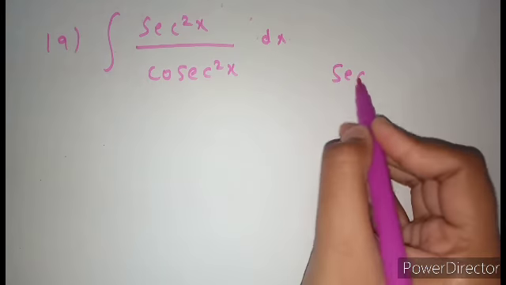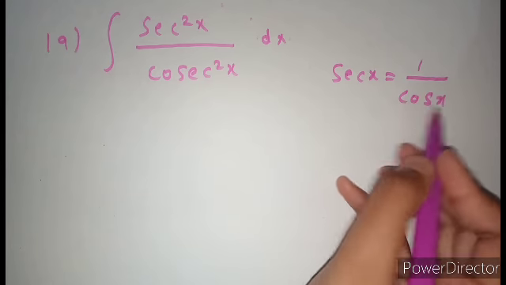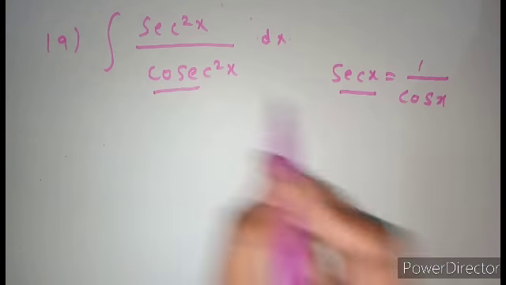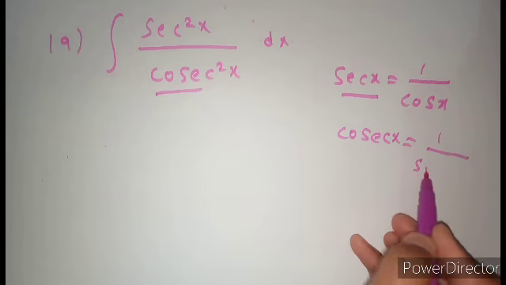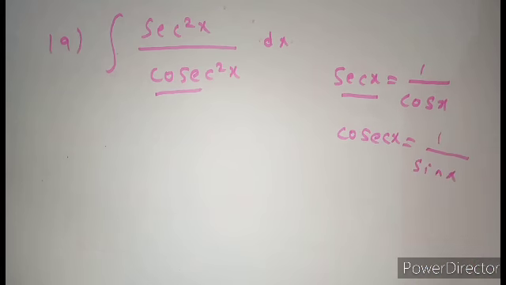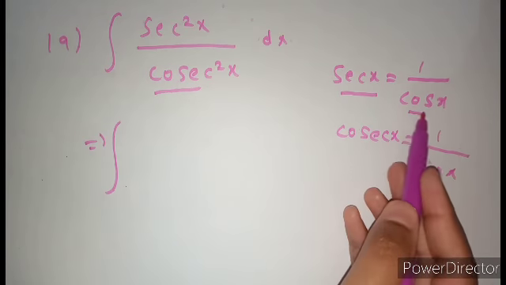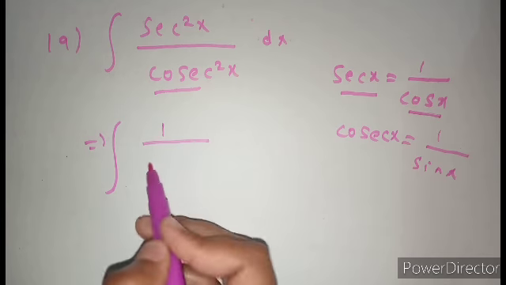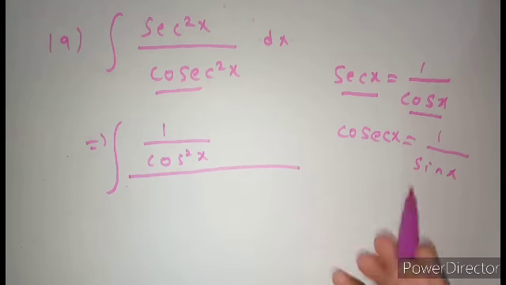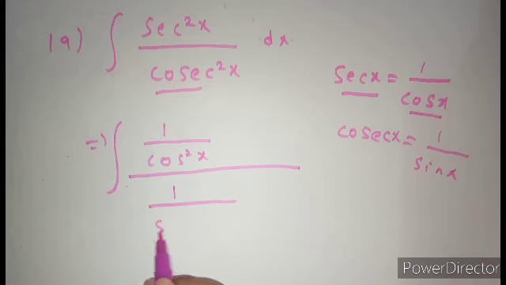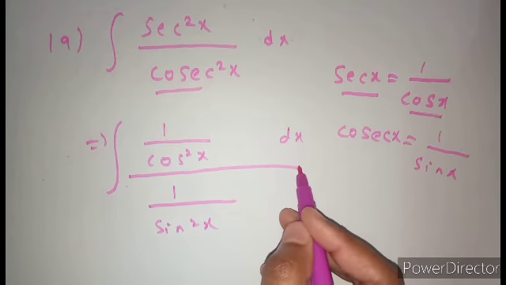Secant x is nothing but 1 by cos x. Reciprocal of cos x is secant x. Likewise cosecant is the reciprocal of sin x, okay. So secant square is 1 by cos square x, whole divided by cosecant square, which is 1 upon sin square x, dx. This is whole divided by, right?